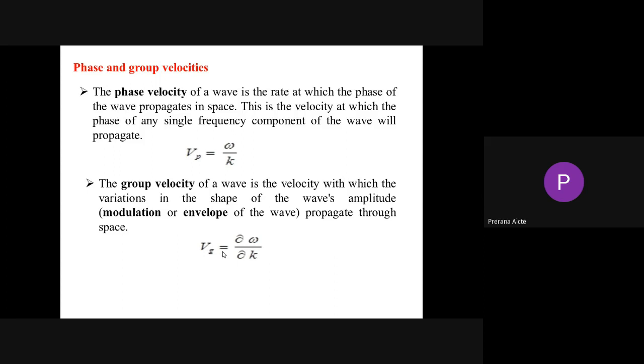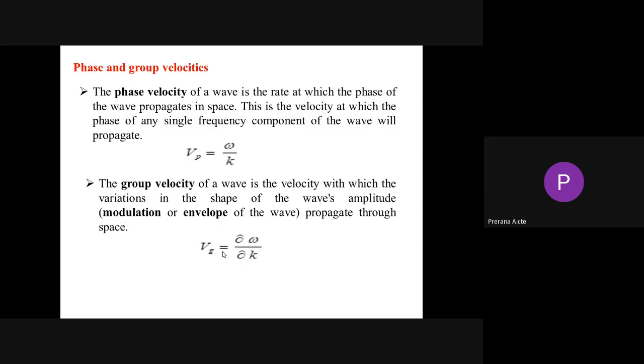Here it is the amplitude that changes the shape of the wave while propagating in free space. That velocity v of g is equal to dou omega by dou k. But the phase velocity can be more than the velocity of light. That is the phase velocity and group velocity.